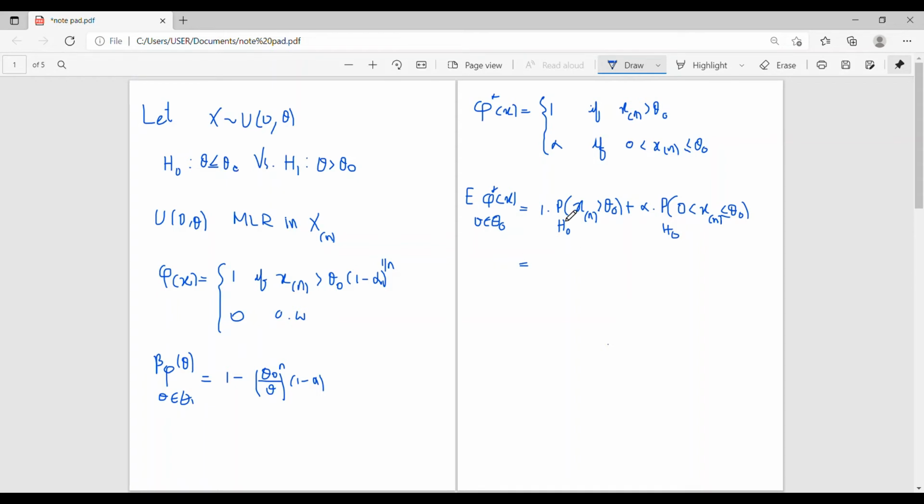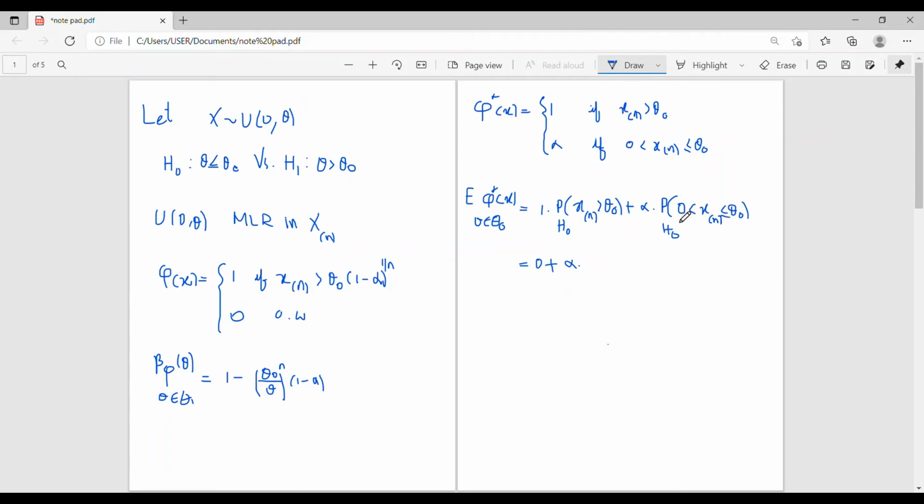Hence, the probability that the maximum order statistic is greater than theta naught is equal to 0, because for uniform 0 theta, the value of x lies between 0 and theta. Hence, Xn is less than theta. So under H naught, since theta is less than or equal to theta naught, this probability is 0, plus alpha into the probability that 0 is less than Xn less than or equal to theta naught.